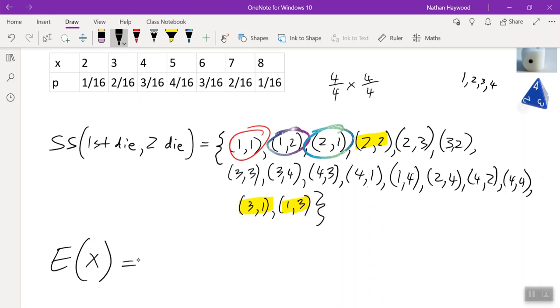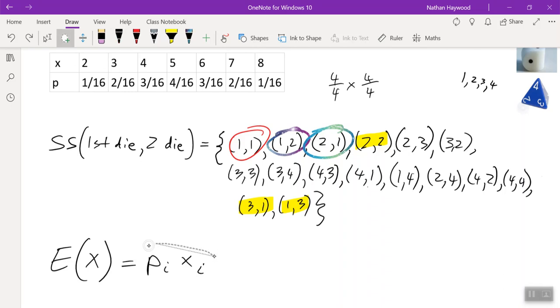Someone. Fresher from yesterday. Every probability times every x. Yep. Every probability times its corresponding x value. And you add them all together.